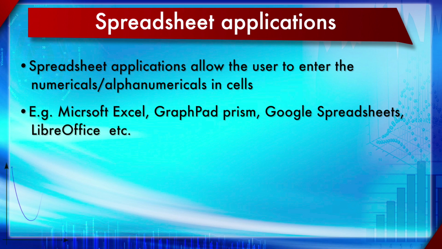I told you GraphPad Prism is yet another excellent software, especially good for biologists and science students, because GraphPad Prism can speed up a lot of your work, and it supports more advanced statistical operations as well. Google Sheets is a free option. LibreOffice is another free option if you don't want to pay.